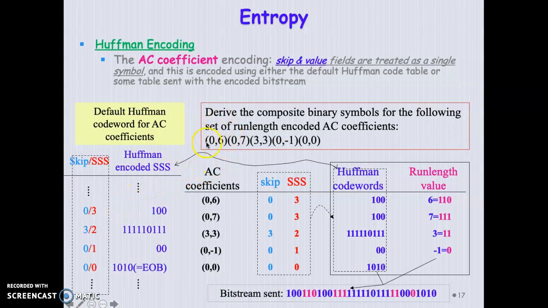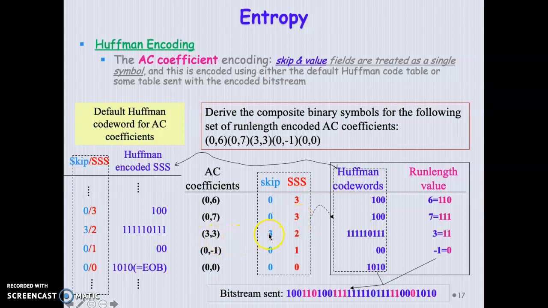For example, this is the AC coefficient, so you will have skip and SS. For 0 6, the skip is 0 and the number of bits is 3, meaning no zero. And 6, the number of bits needed is 3. For 0 7, the number of bits is 3.